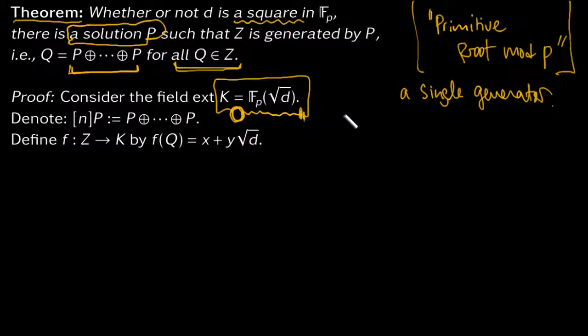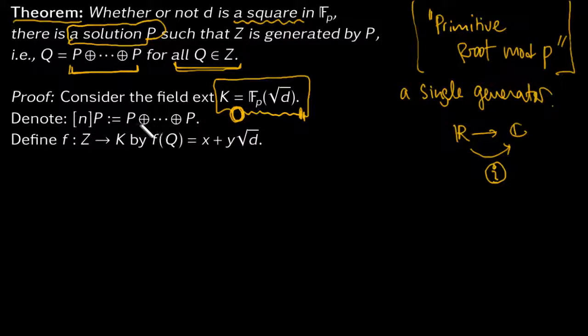If this is uncomfortable, think about how we went from the real numbers to the complex numbers. We just throw in an imaginary number that no one can actually see. So it's the same thing. Square root of d, if that doesn't exist, d is not a quadratic residue mod p. Think about an imaginary number whose square is d. Then you throw it into the system. So that's the field in here. That's a field extension.